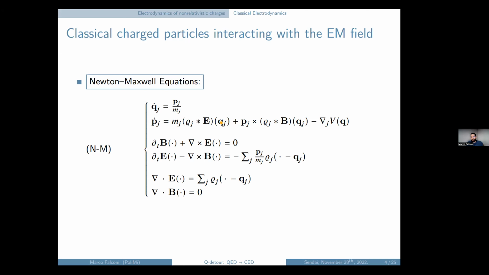Since it is evaluated here, we are shifting this charge distribution rigidly together with the center of mass. The function of time is QJ, so in the convolution, where we evaluate the charge distribution depends on time through QJ.